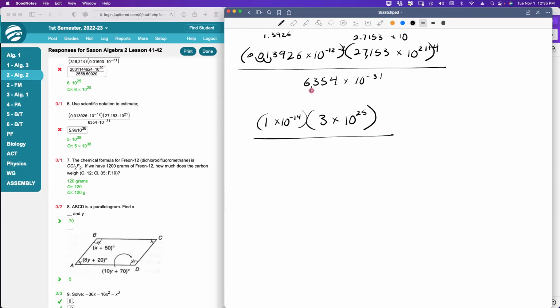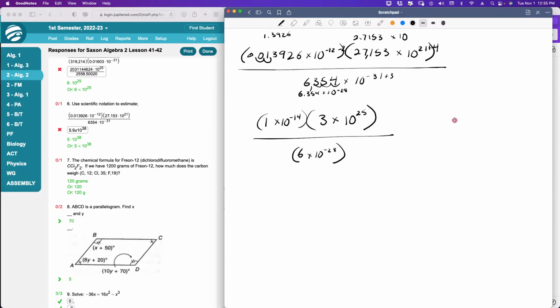All right, now down here, that'd be 6.354 times 10. And that's 1, 2, 3 plus 3. 31 plus 3, that's going to be negative 28. So 6.3 does not round, so that's just 6 times 10 to the negative 28.